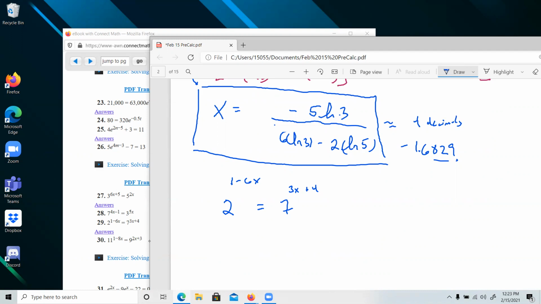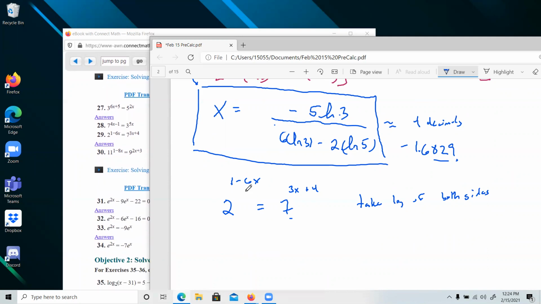We're going to take logs of both sides because we can't turn 2 into a 7 somehow. I don't know what exponent 2 raised to would be 7. So the idea here is we're going to take log of both sides. I use log, I'll go back and forth.